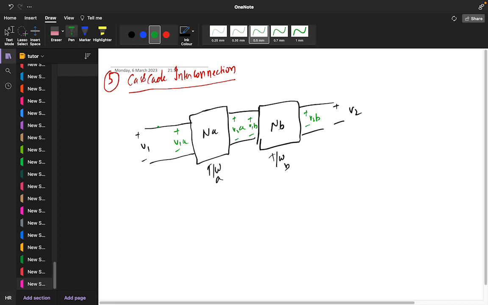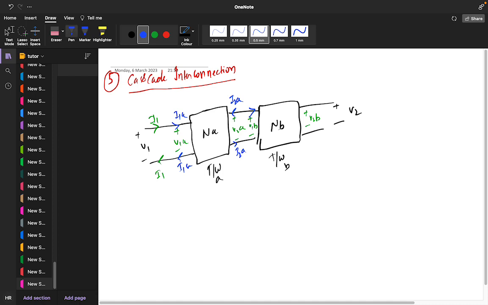So how is the two port network? We have I1 current coming and I1 current leaving. For port A, I1A is coming and I1A will leave. I2A is coming and I2A is leaving.